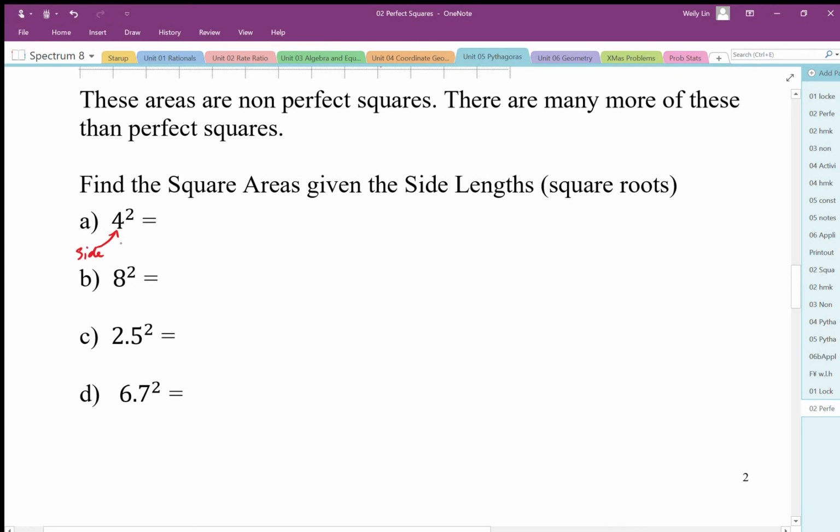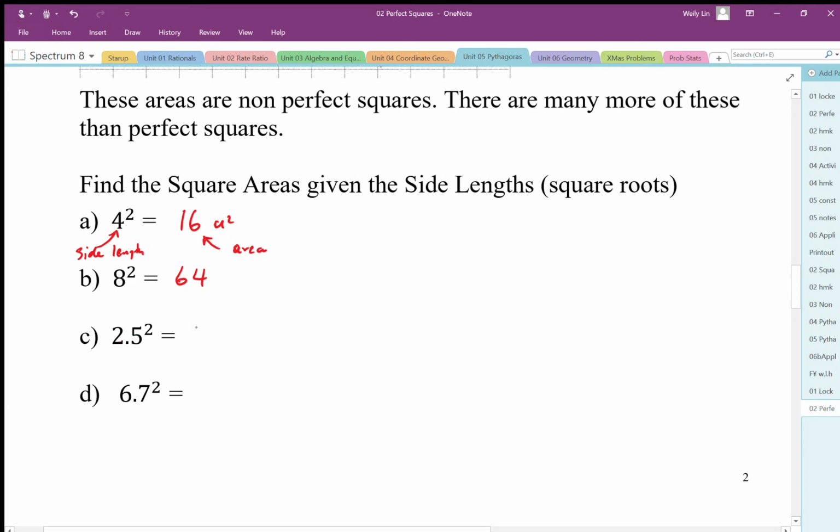Okay, so again, make sure that you can relate these to parts of a square. The 4 represents the side length. The 16 units squared represents the area, the number of squares. Okay, side length is 8. The area is 64 squares.